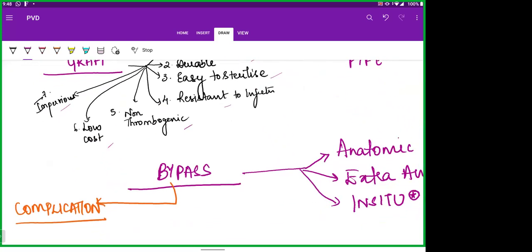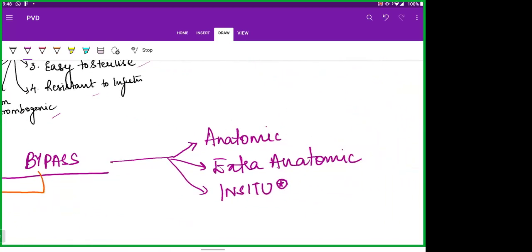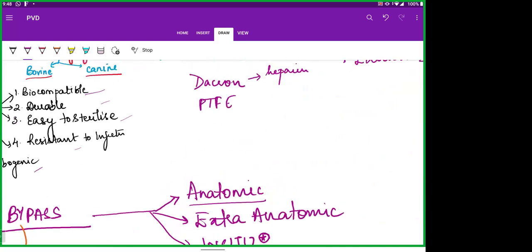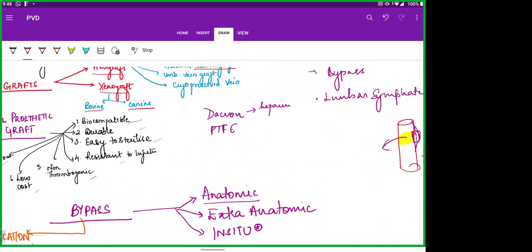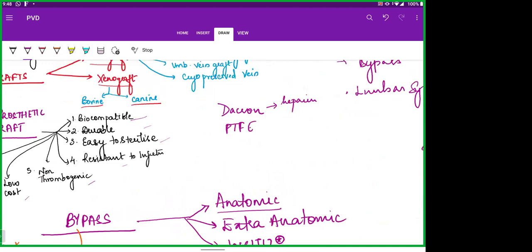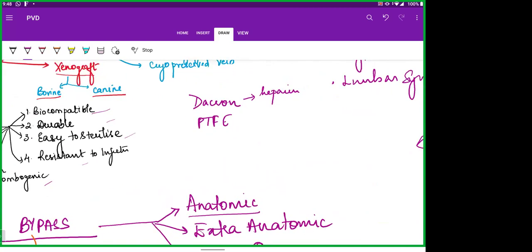Now talking about bypass per se. Dr. Nithya, let me just add something on the grafts. Yes, sir. What is the chemical name of Dacron? Dacron is actually the commercial name which has stuck over many decades.